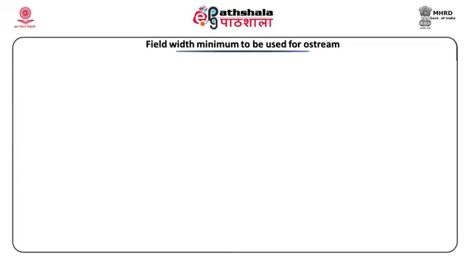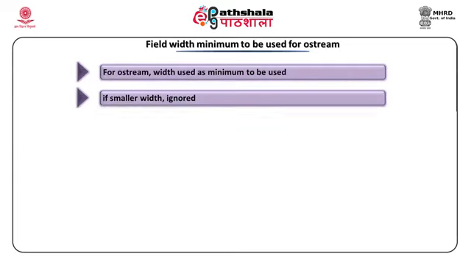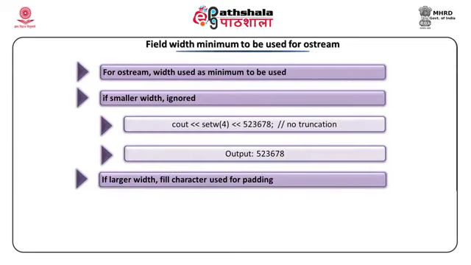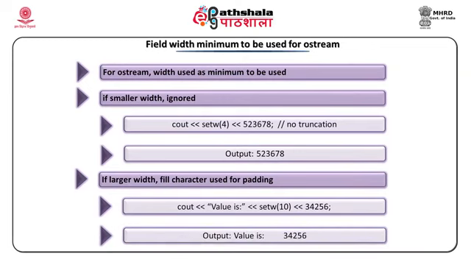Now, another thing is what if the specified width is larger than the required one. In this case, if we are using it for output, for ostream, the specified width is considered to be the minimum width to be used. That means if the width is smaller, then it will be ignored. For example, I say setw(4), but the item to be displayed is 523678.